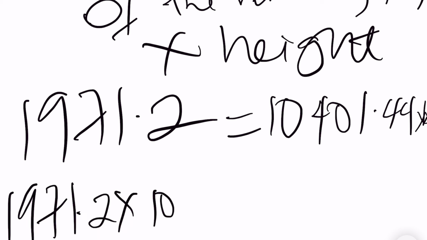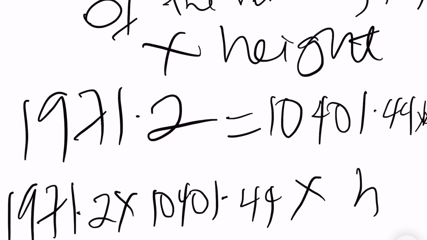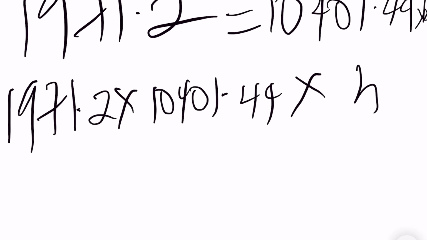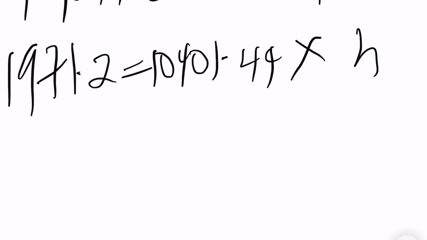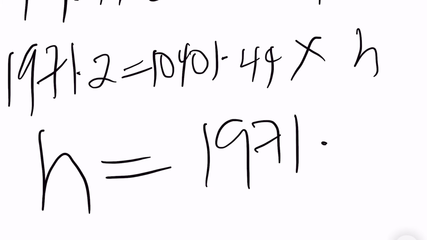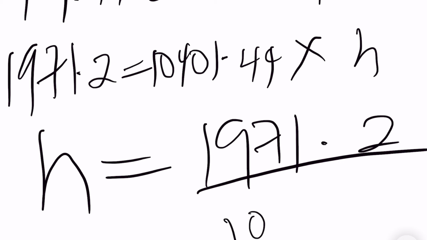So 1971.2 equals 10401.44 times height. Now our height will be 1971.2 over 10401.44.